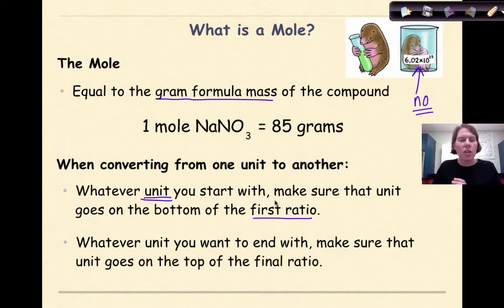In Regents chemistry, we never go over 1 ratio. So whatever unit you start with is going to go on the bottom of your ratio. Whatever unit you want to end with, make sure that unit goes on top of the final ratio. And again, in Regents chemistry, when we do unit conversions, we're only going to use 1 ratio.